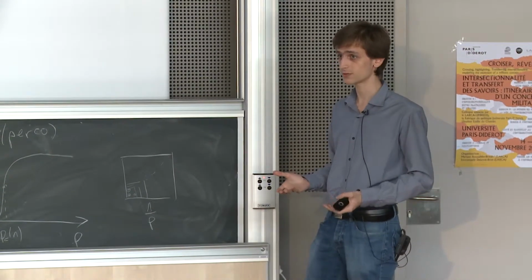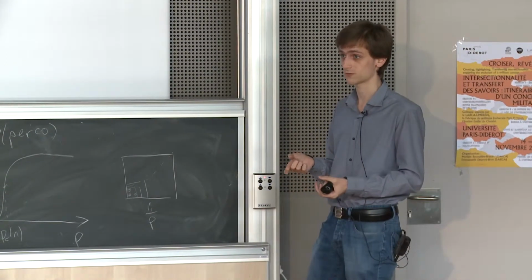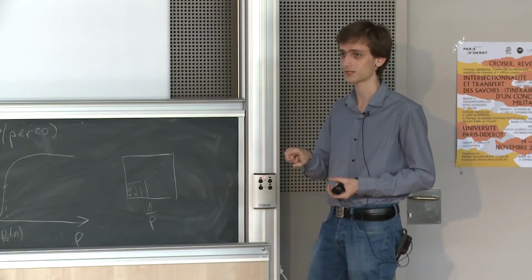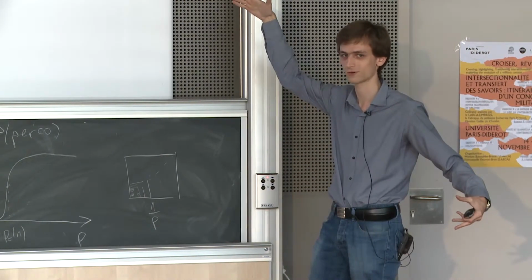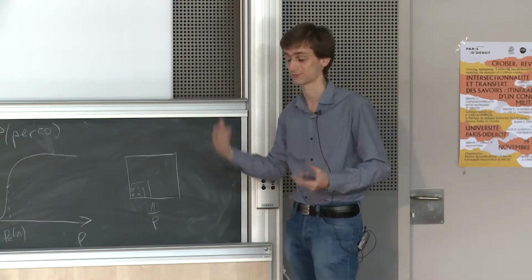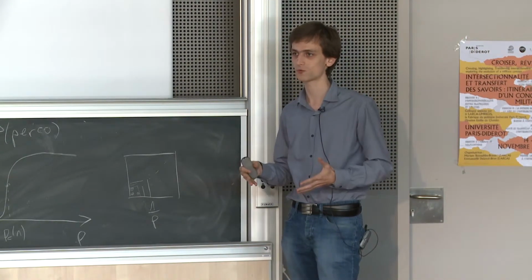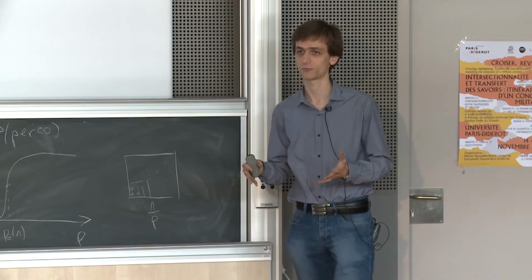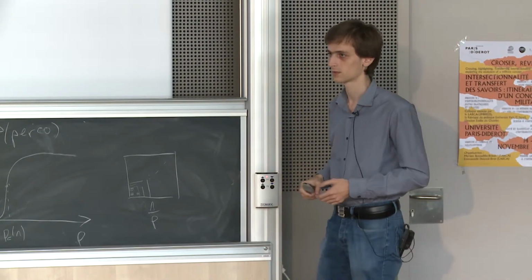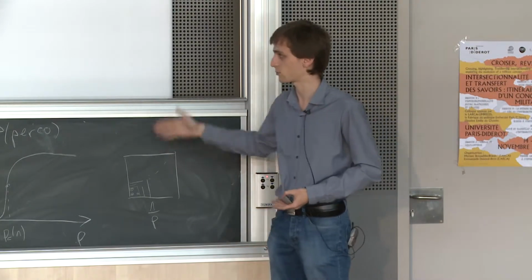In particular, if I start out with just single sites, small things, and I end up with the huge n by n square, it means that at some point I passed through something which had roughly size 1 over p, up to a factor 2. So that's the same bottleneck as before.